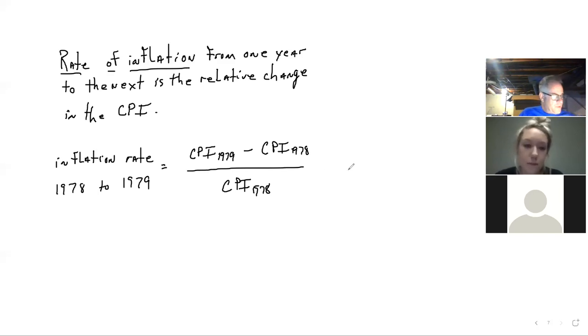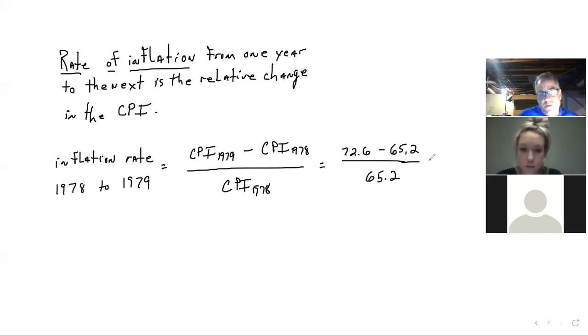And so what I would need is my CPI table, and I pull the numbers off. So for 1979, it's 72.6. For 1978, the CPI was 65.2. And I would divide this by 65.2.